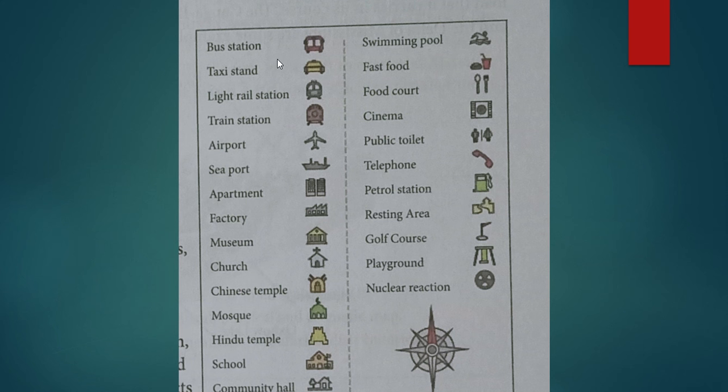These are the symbols which are used by the cartographer, such as bus station, taxi stand, light rail station, train station, airport, seaport, apartment, factory, museum, church, Chinese temple, mosque, Hindu temple, school, community hall, then swimming pool, fast food, food cart, cinema, public toilet, telephone, petrol station, resting area, golf course, playground, nuclear reactions. So these are the symbols used by the cartographer.